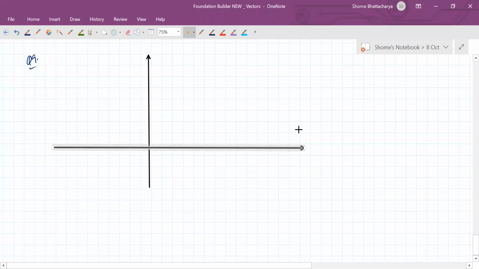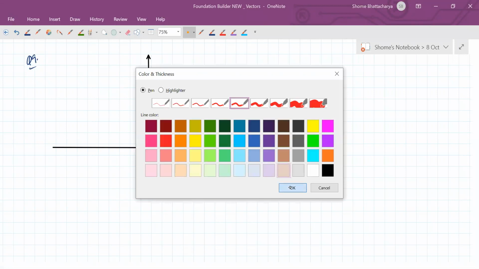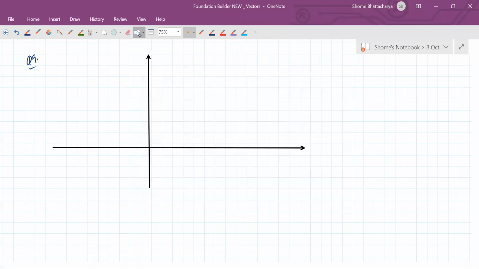So it is given that the vector A is a vector at some angle 60 degrees with respect to the x-axis, whereas the magnitude of the vector is not known to us.